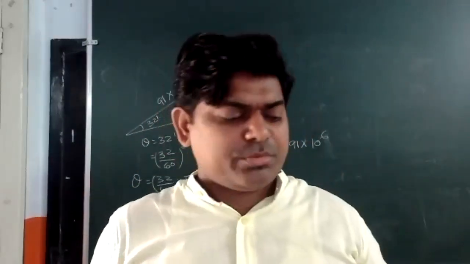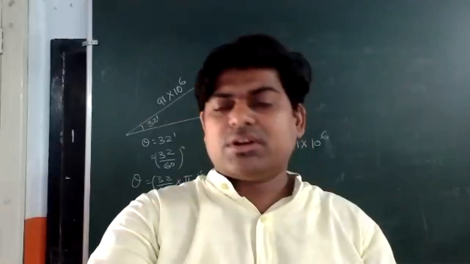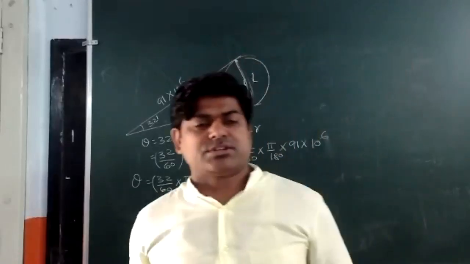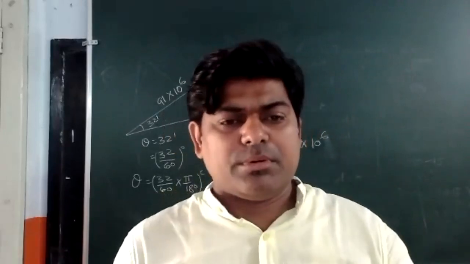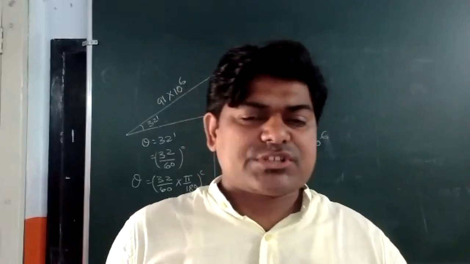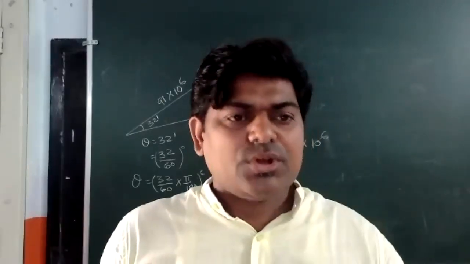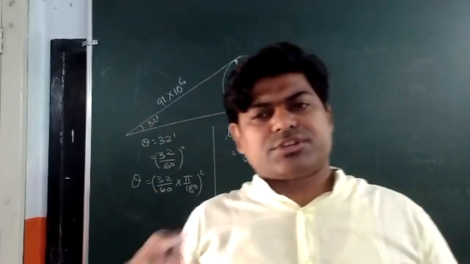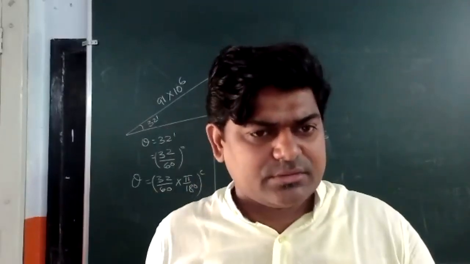There are only a few minutes with us, but in these few minutes, I would like to remind you about the things we learned in class 9th and 10th. If you remember, in class 10th we learned that sine and cosec are inverse of each other. So sine theta can be written as 1 upon cosec theta, or cosec theta can be written as 1 upon sine theta.